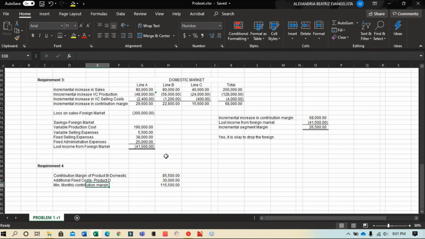So it means that the contribution margin of the new product must be higher than the contribution margin of the product that will be dropped, which is product B. And also we have to add the additional fixed cost of product B, so that we could establish the required minimum monthly contribution margin to be achieved by the new product, and that is 15,500.